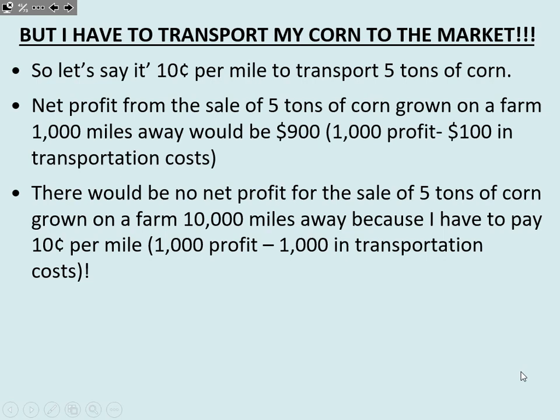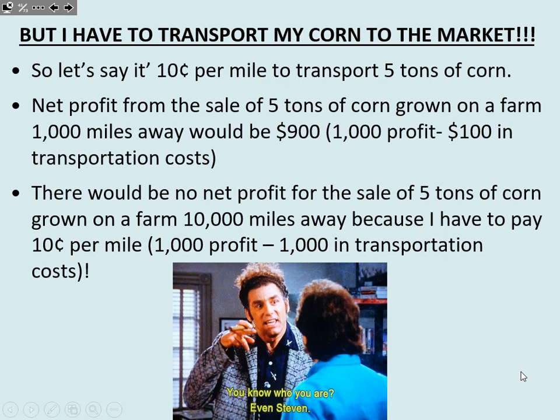But if I had to transport something 10,000 miles away, now I'm talking about $1,000 in transport costs. My profit was only $1,000, so 1,000 minus 1,000, I'm even Steven, because I'm not making any money there.